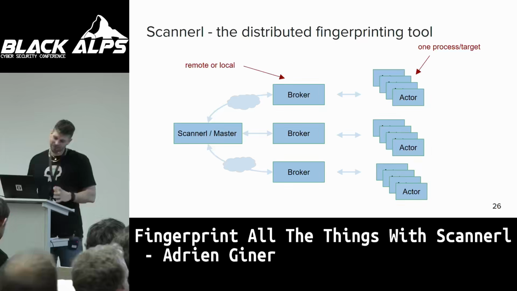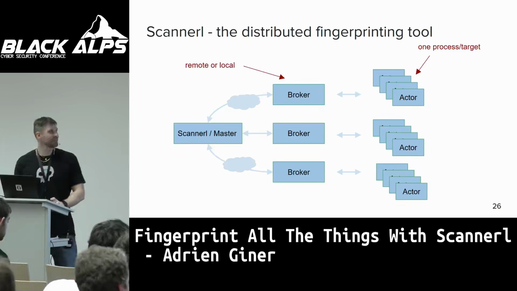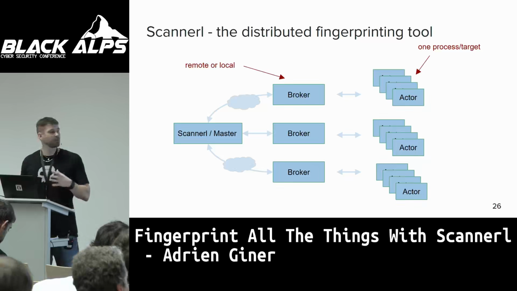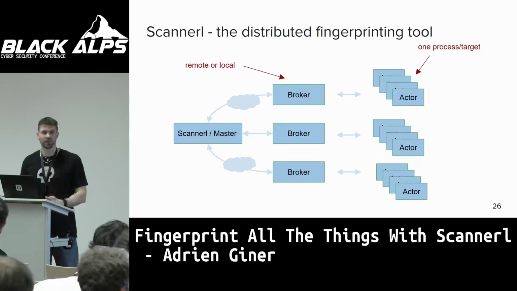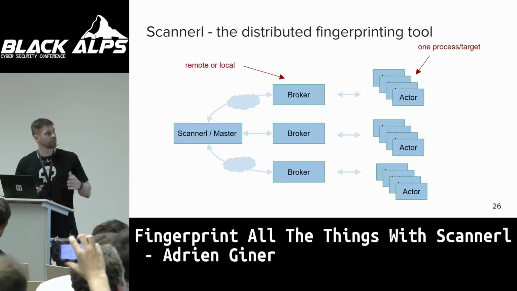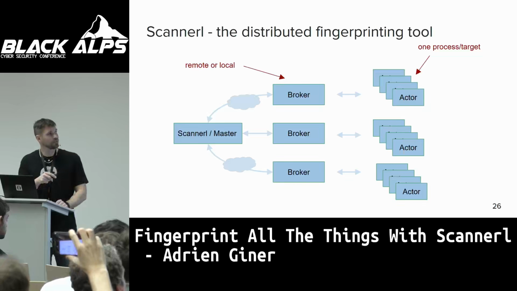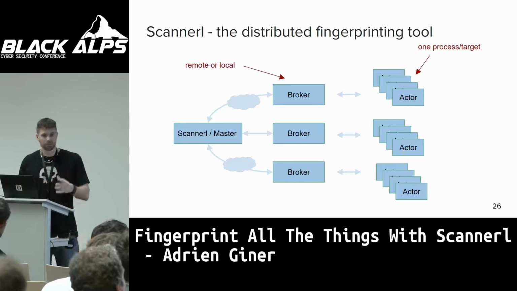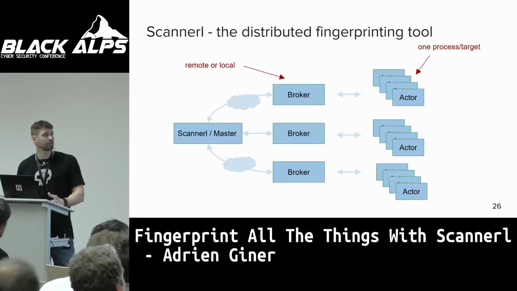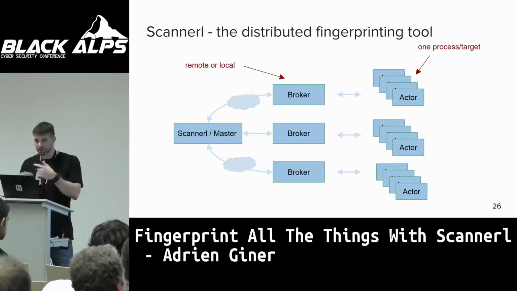So here is the design of scannerl. On the left side here, you get the master. This is the part that is doing all the tedious tasks like parsing the arguments, getting the targets, starting the different nodes here, and so on, all those boring tasks. The broker is the part that is running on the VM. So this is the part that receives a list of targets and will spin new processes for each of those targets.